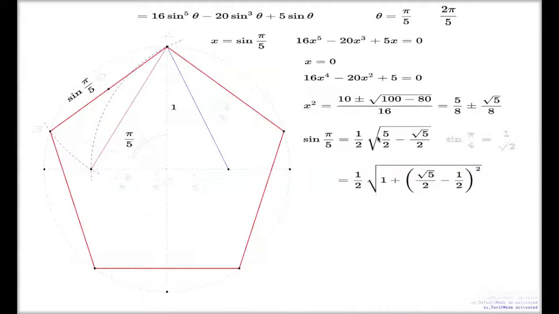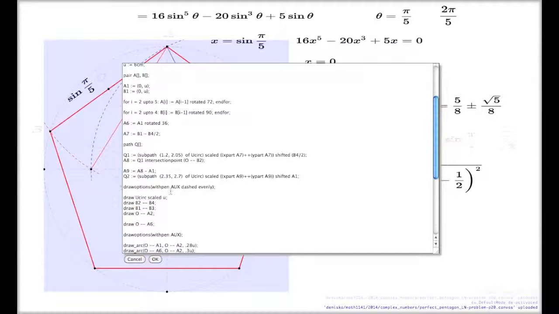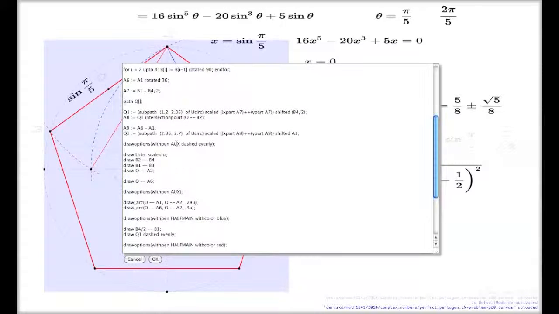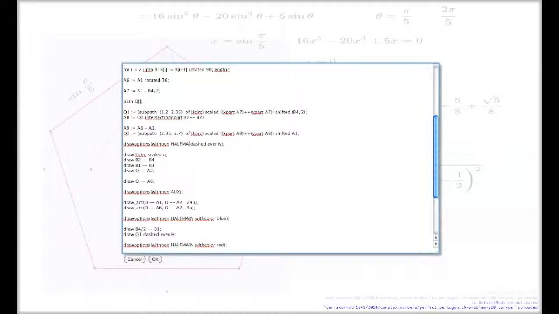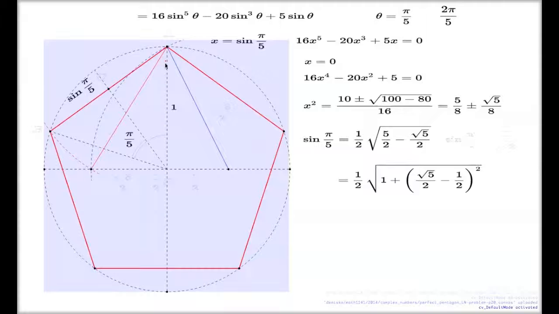Now, the reason for this replacement is this. Let's try to picture this number. Remember, this perfect pentagon is inscribed into a unit circle, right? The radius here is 1. Now, if you take another radius, perpendicular to your vertical one, here's one radius, 1.